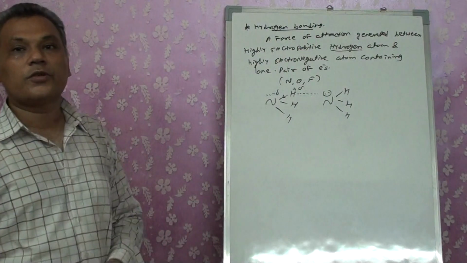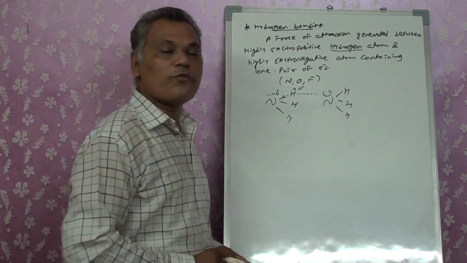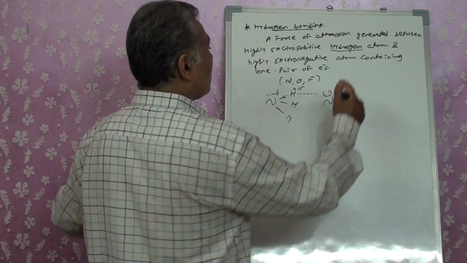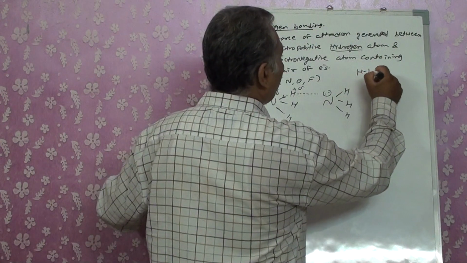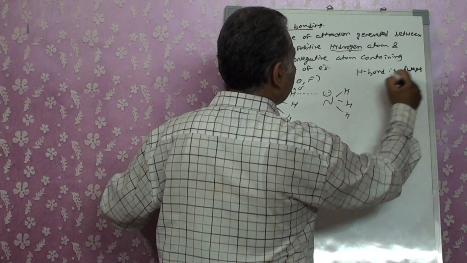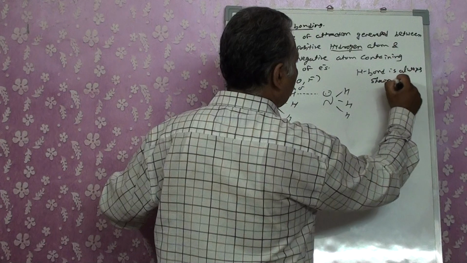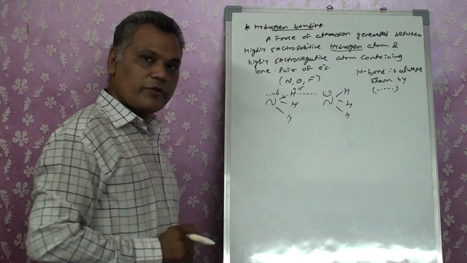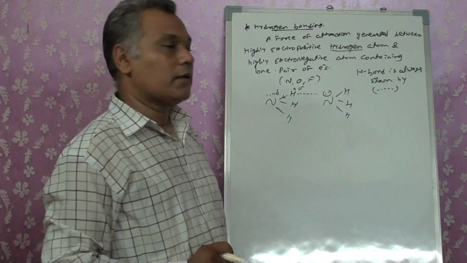Then that force of attraction or that type of bond formed between them is known as hydrogen bond. Hydrogen bond, H bond, is always shown by dotted line. It's always shown by dotted line, right?